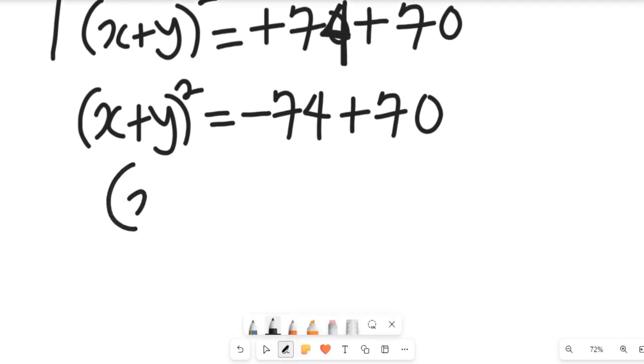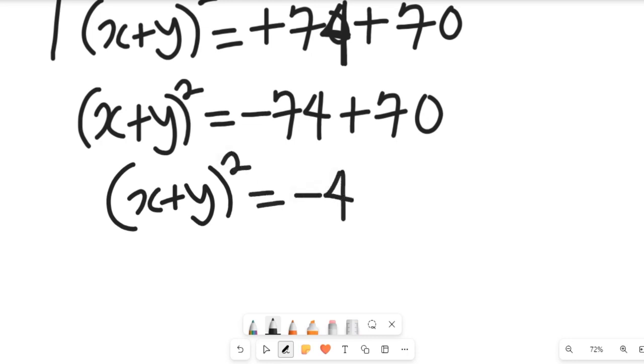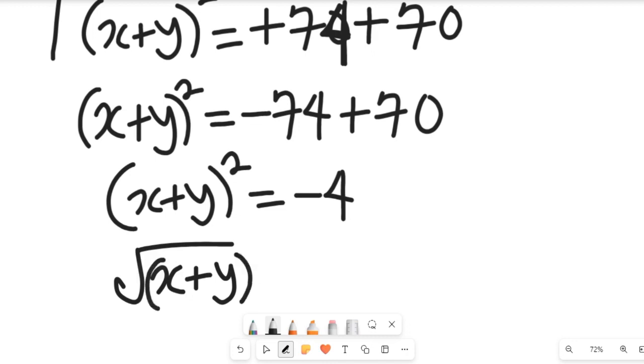(x plus y) all squared will be equal to negative 4. So we're going to take the square root of both sides to find the value of x plus y. (x plus y) all squared is equal to plus or minus the square root of negative 4.